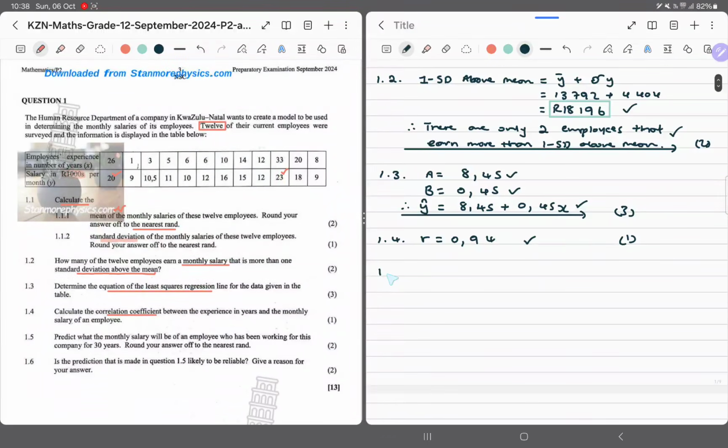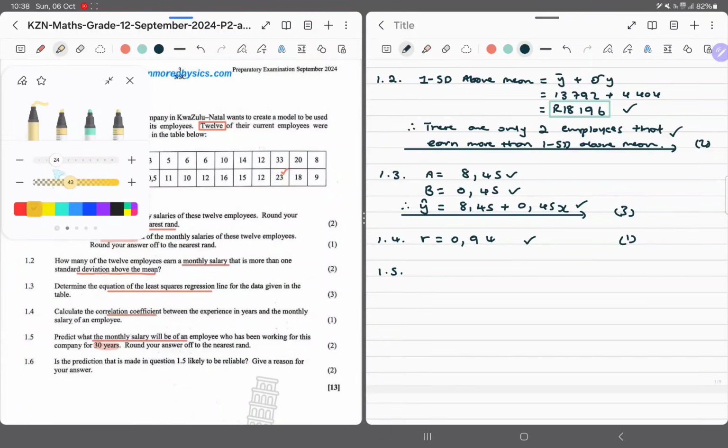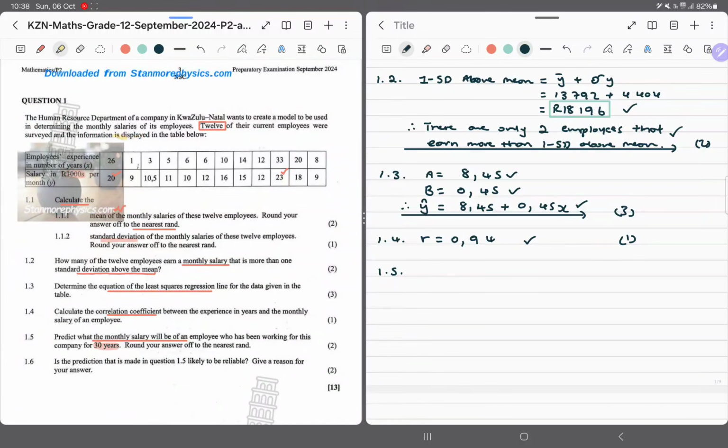Can you see this was a gift from the gods? Now predict what monthly salary will be of an employee who has been working for this company for 30 years. Now the question is, is 30 years within the domain? Now let's have a look. What's our minimum number of years?